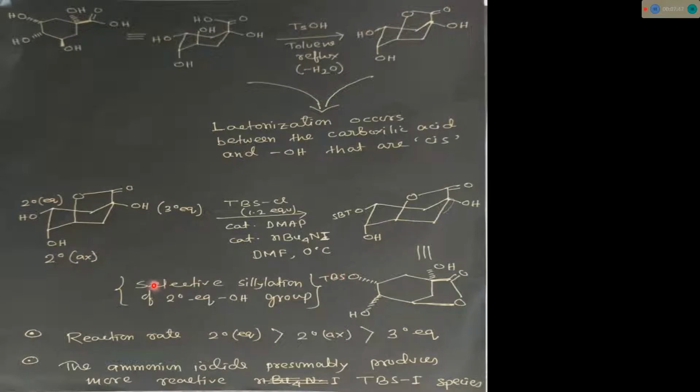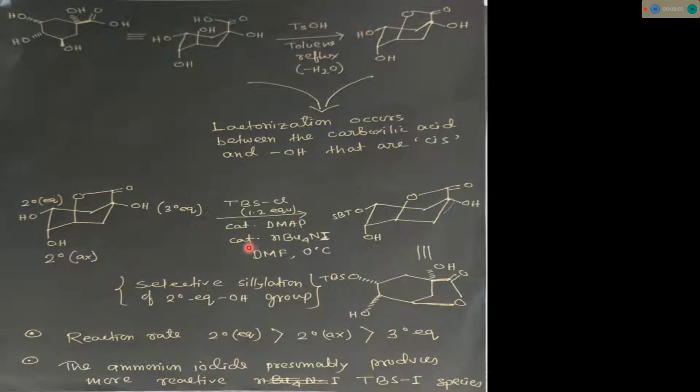So yeah, 1 or 2 points you have to keep in mind: if they ask about the reaction rate of TBS formation, where OH becomes OTBS, that is the TBS protection reaction.